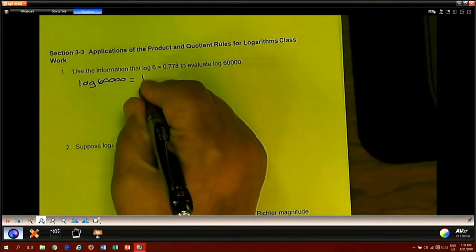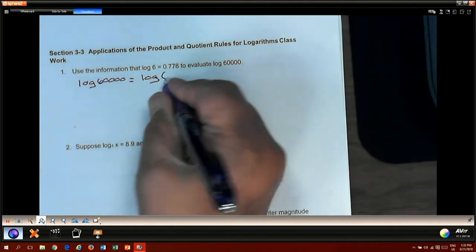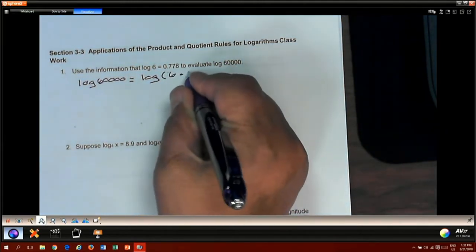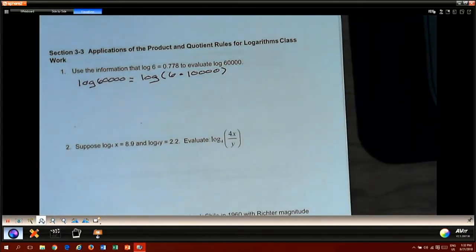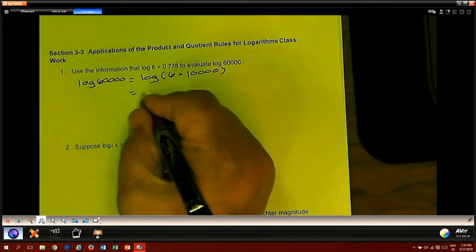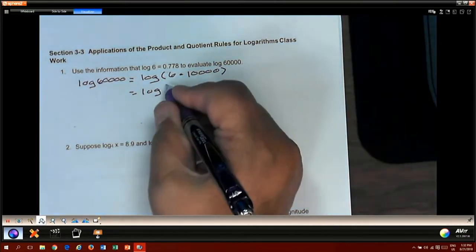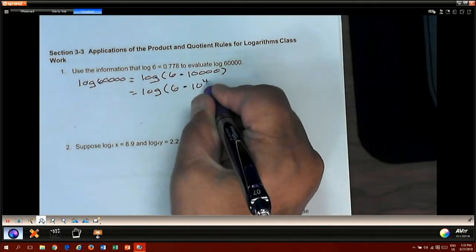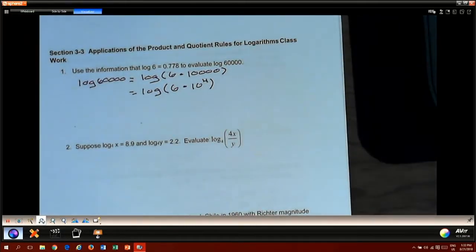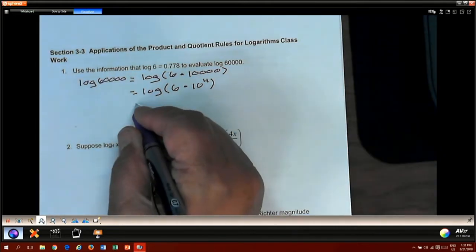Well, we can write 60,000 as 6 times 10,000. And we can even further write it as 6 times 10 to the 4th. Now, the product rule allows us to separate this into a sum of two logs.